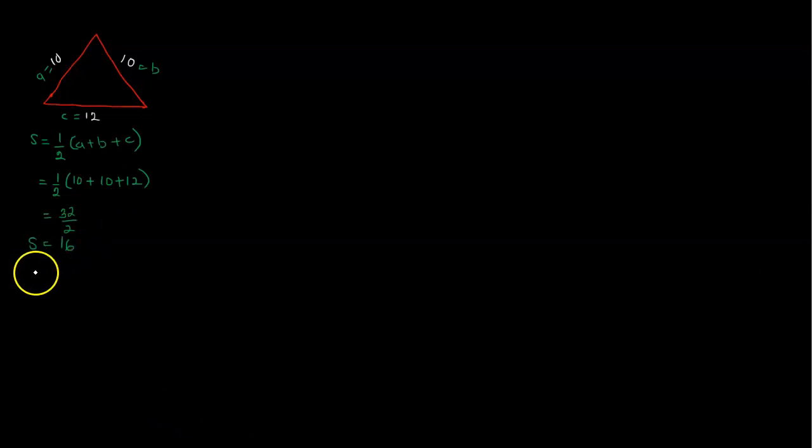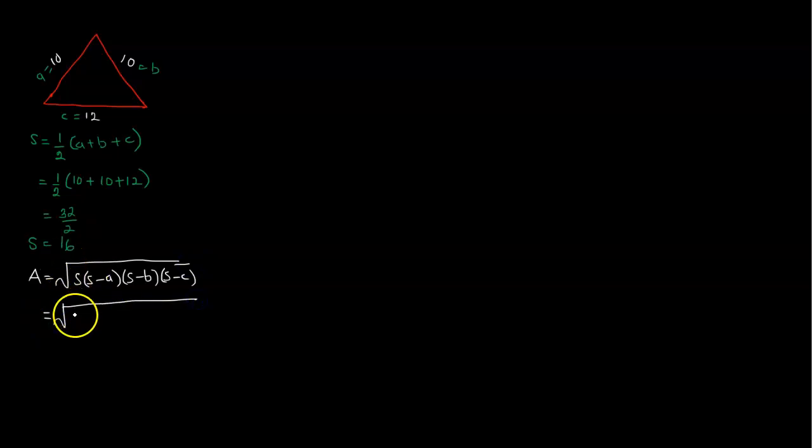Thus, I can just go ahead to obtain the area of the triangle. This is the square root of s times s minus a times s minus b times s minus c. This is equal to, s is 16. S minus a becomes 16 minus 10.